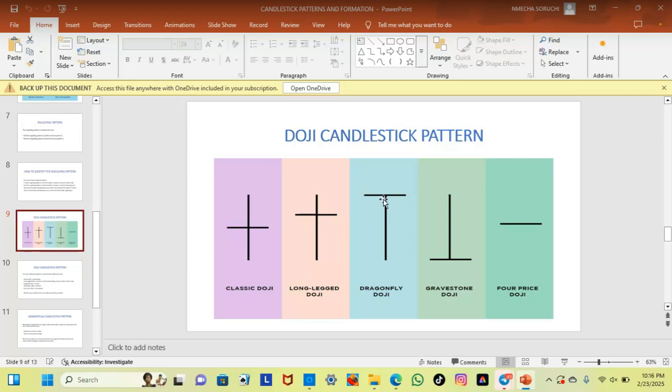Whenever you see a candlestick pattern like this, you know that the market is taking its shape into a bullish trend.